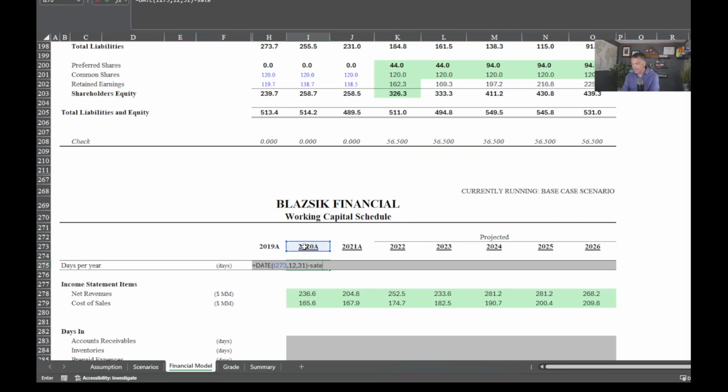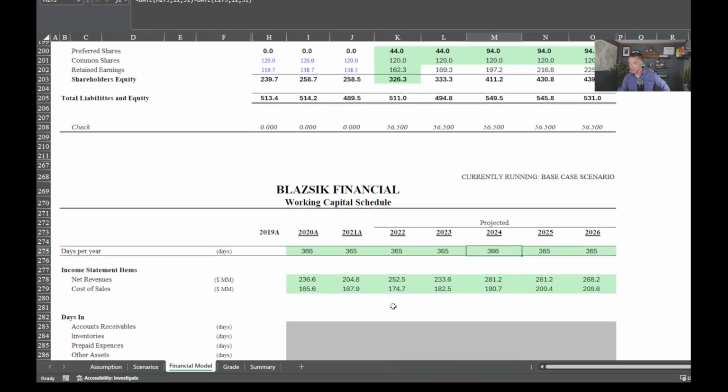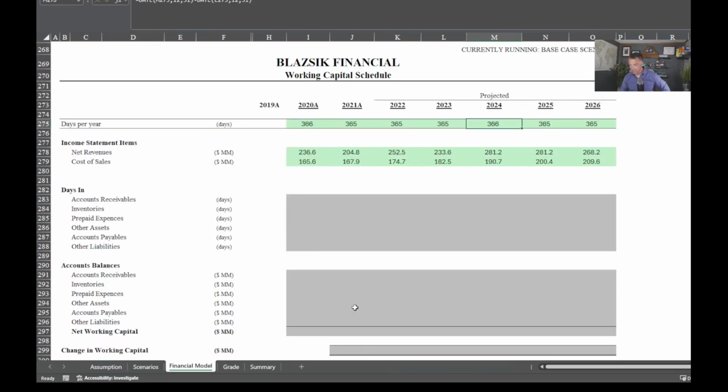I'm going to type in date, and I'm going to do the previous year, 2019, comma. The month is 12 months out of the year. That's how much our business operates. And then 31 days, close it up. So we got 366. And then Control R. And you see that we have a couple 366. So to get these numbers correct, we need to do the date.